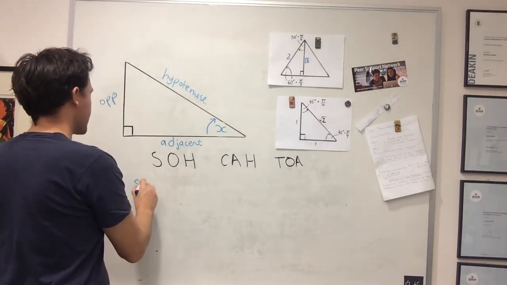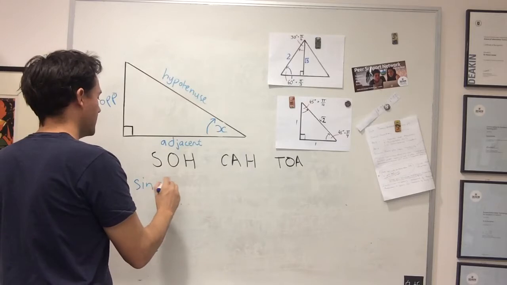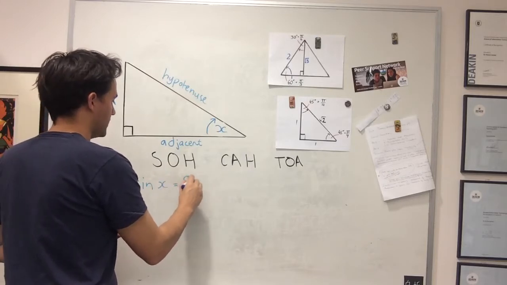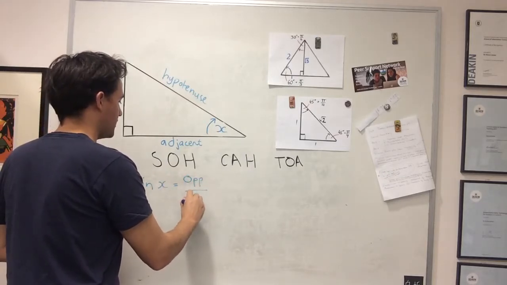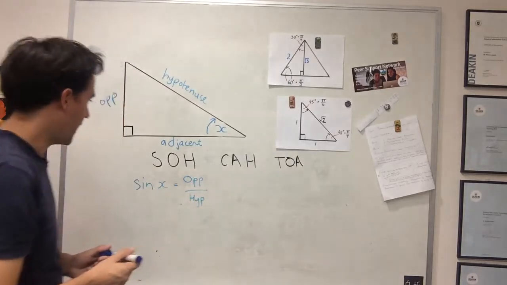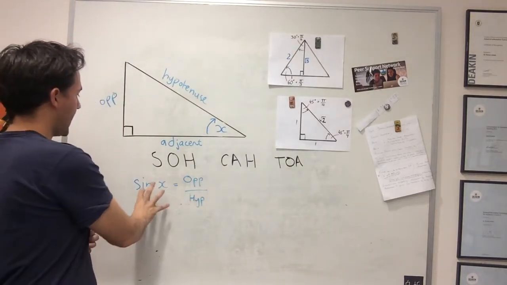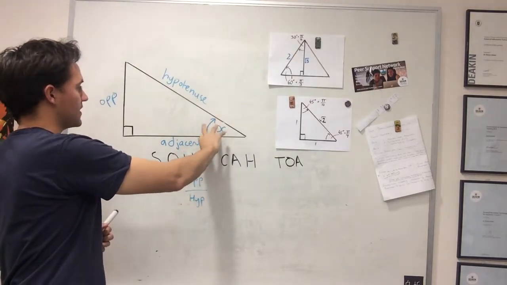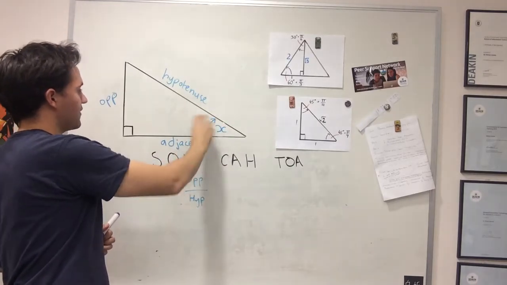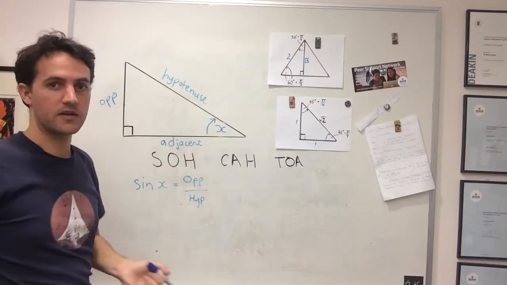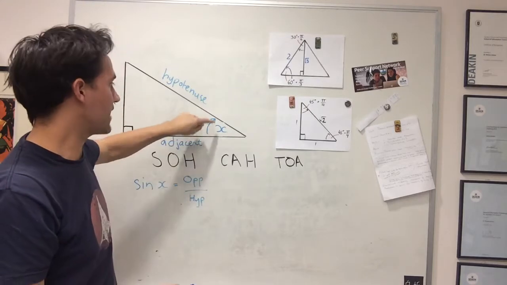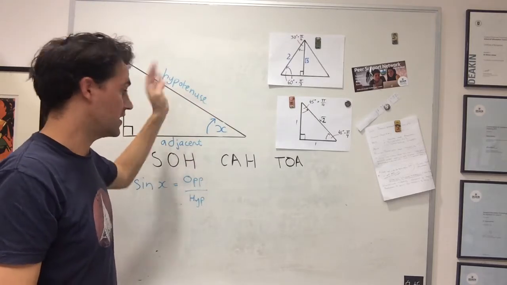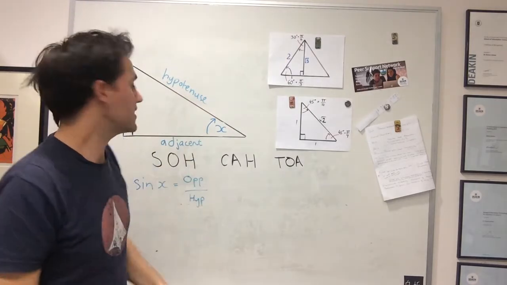Sine x is the opposite over hypotenuse. What this means is that if we take this angle here, the sine of that angle gives us this ratio. So maybe the angle is 40 degrees, maybe it's 20 degrees.